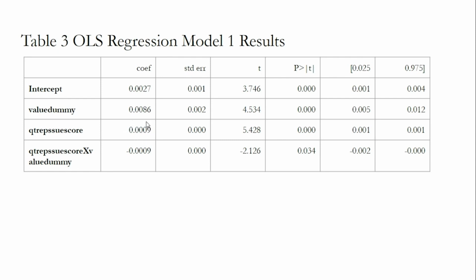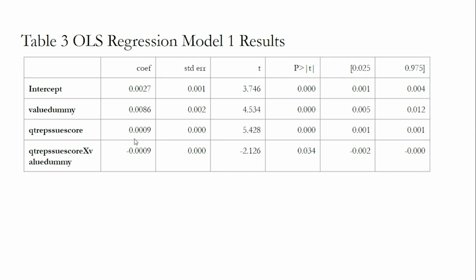So what this is telling us is that value firms have a 3-day return of about 0 if they beat earnings by 1 standard deviation, and growth firms have about 9/100ths of 1 basis point if they beat earnings by 1 standard deviation.